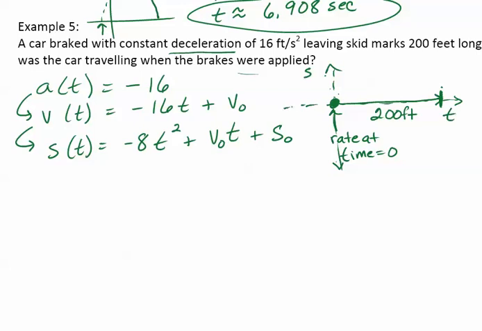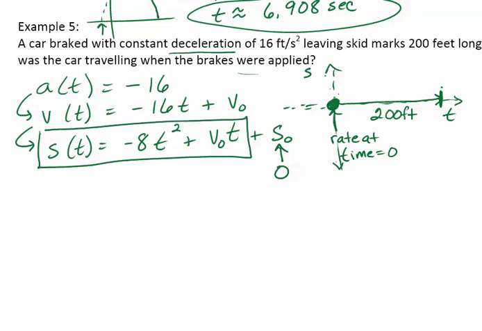So since everything is relative, we might as well put our origin right at the position where we started to apply the brakes. So it doesn't matter what constant you put here. So we might as well say, let's shift it over and have that start at our origin. So now we have our s of t function for our position.